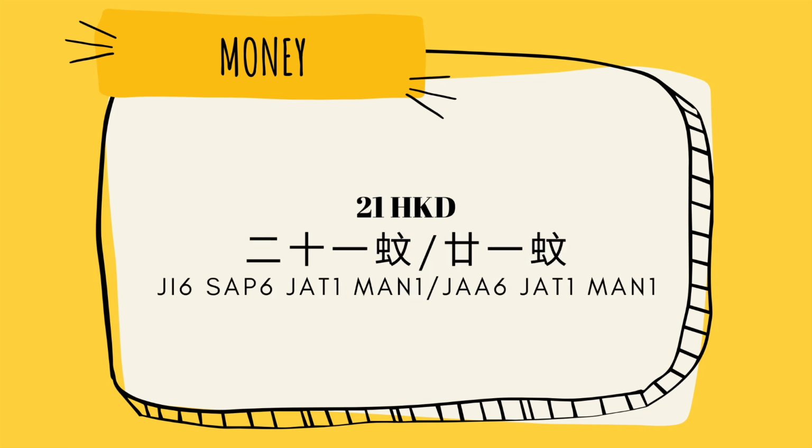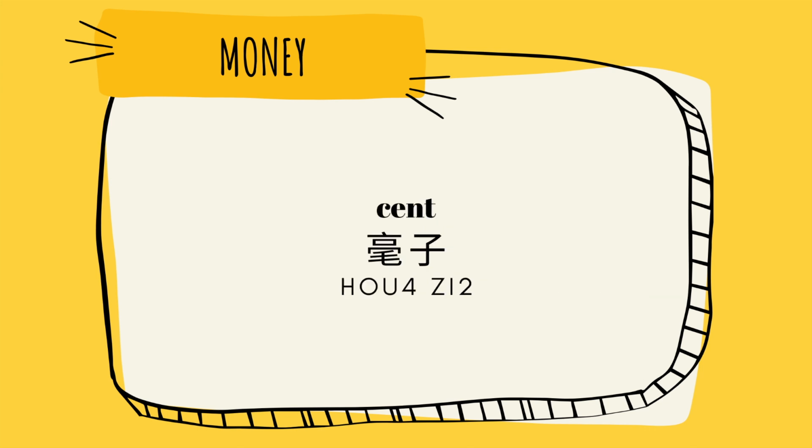21蚊, or abbreviated as 21蚊, which means 21 Hong Kong dollars, and so on. In Hong Kong currency, a smaller unit of money than dollar is cent, 毫子.